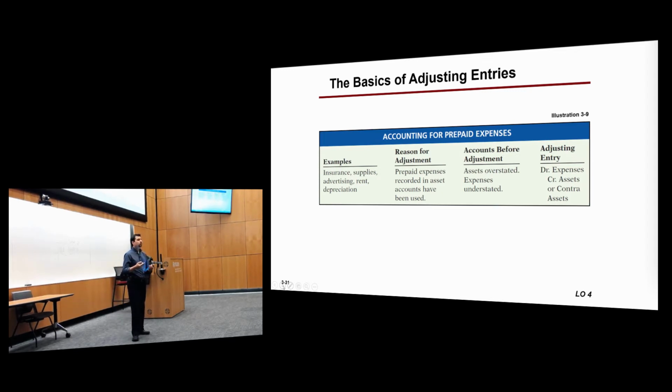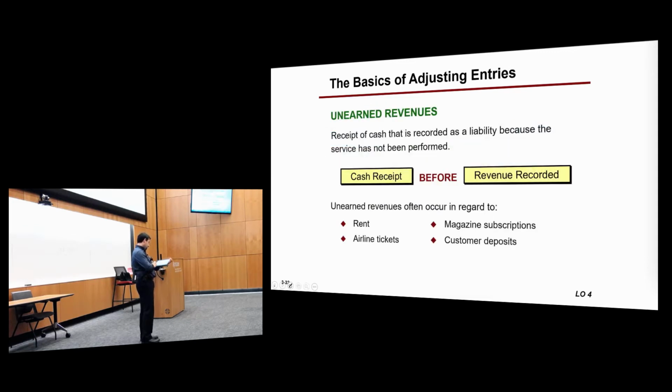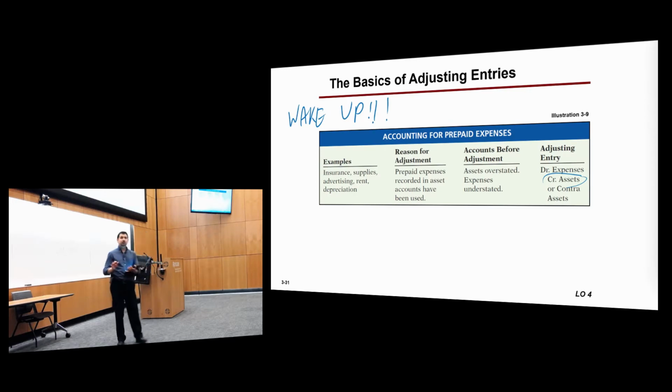So what do we need to do? We need to decrease our prepaid expense, this asset, by this month. Prepaid insurance will decrease by 1 month, and insurance expense will be recognized for 1 month. When you want to decrease an asset, you credit the assets or the contra assets, so it depends.